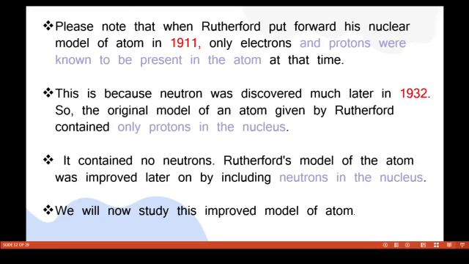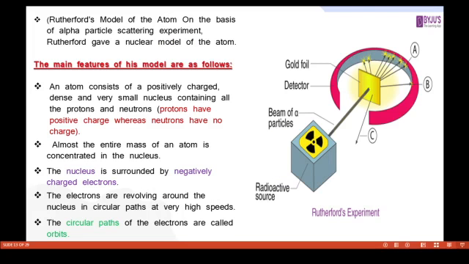The Rutherford model of the atom was improved later on by including neutrons in the nucleus. So Rutherford's model of the atom, on the basis of the alpha particle scattering experiment, was a nuclear model of the atom.